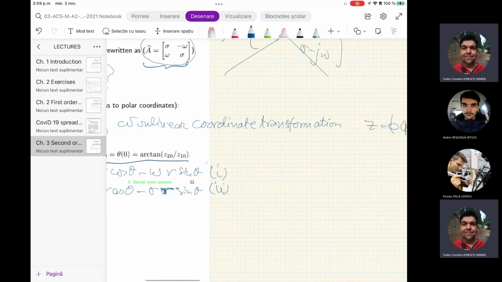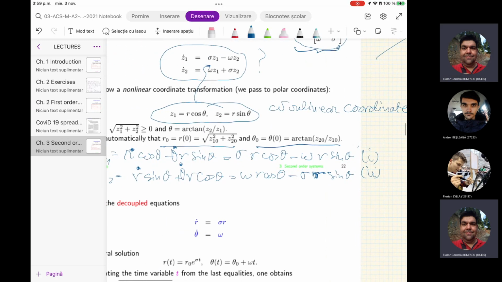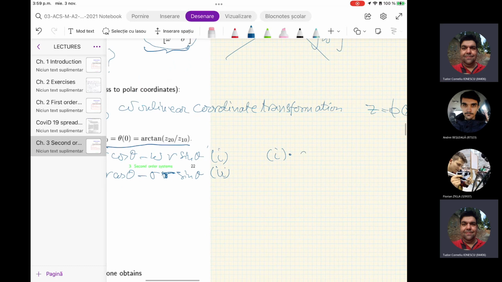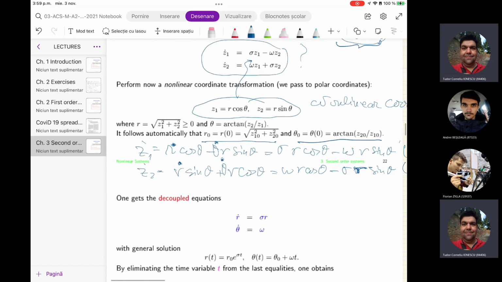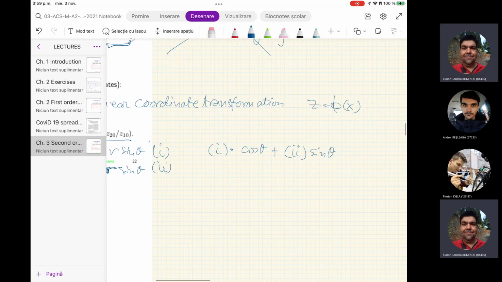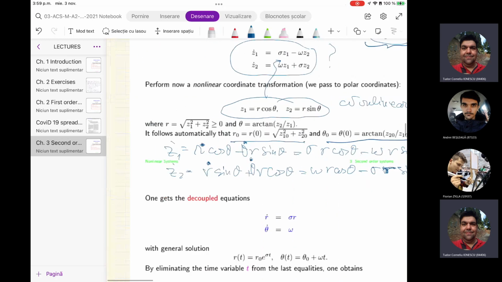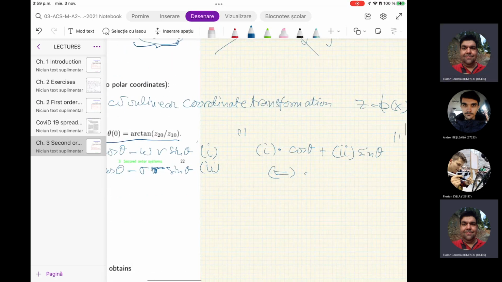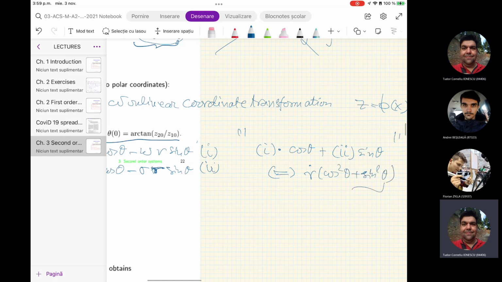Okay, so essentially what you do now is equation I multiplied with cos theta plus equation double I multiplied with sine theta. Okay, you do this operation. And this is equivalent to r dot times cos squared theta plus sine squared theta, but this is 1.